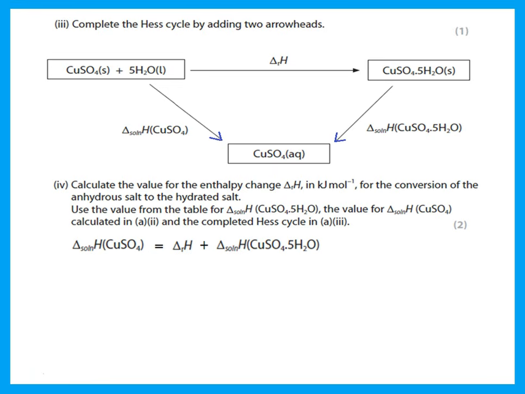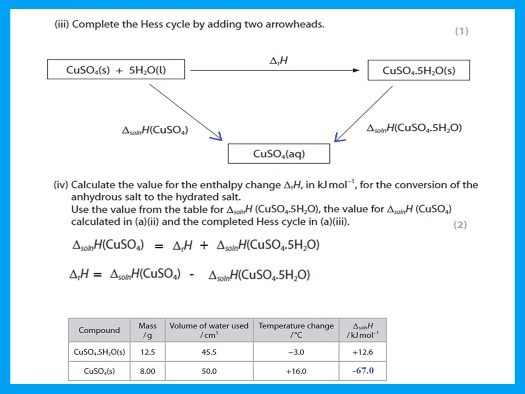Going from the copper sulfate solid plus 5H2O liquid to copper sulfate aqueous, delta H of solution, this is equal to the other 2 arrows, the delta H of reaction that we're looking for, and the delta H of solution of changing copper sulfate 5 water from solid to aqueous. And that means if I want the delta H of the reaction that he's asking for, it will be the difference between the two.